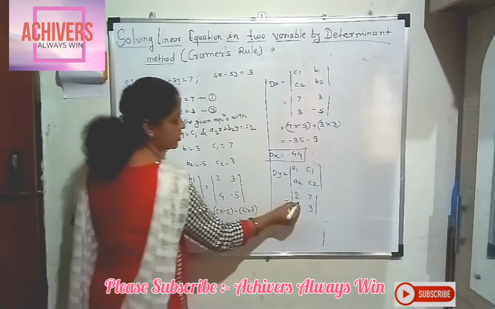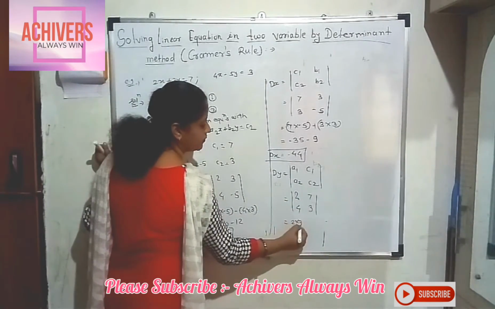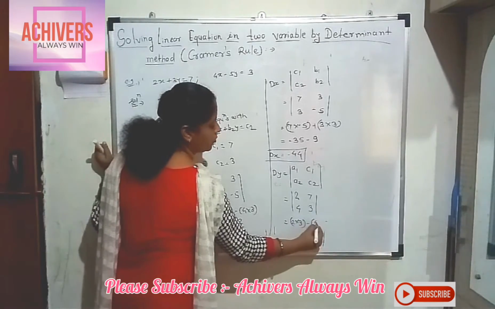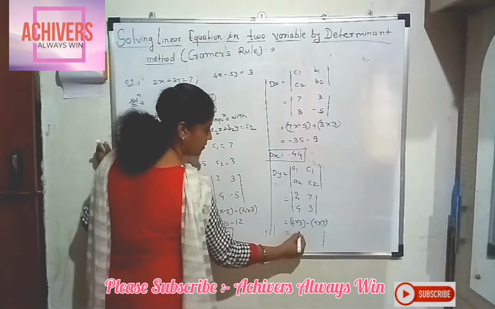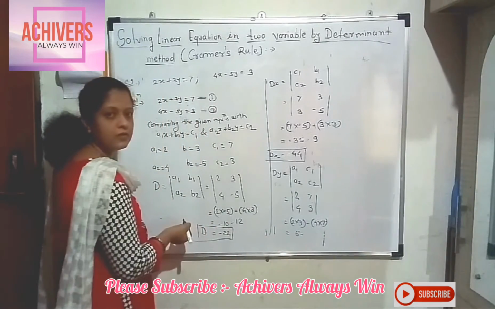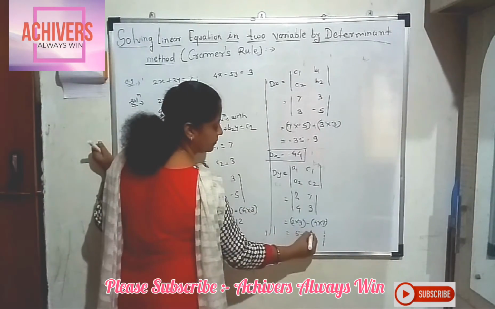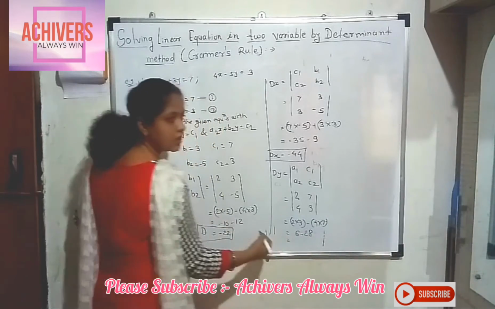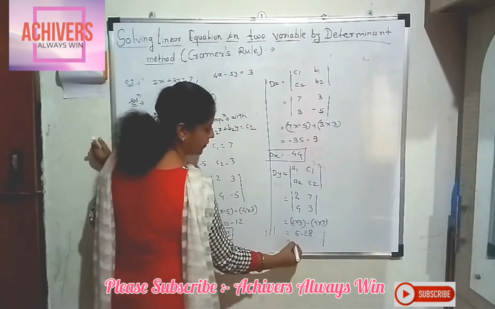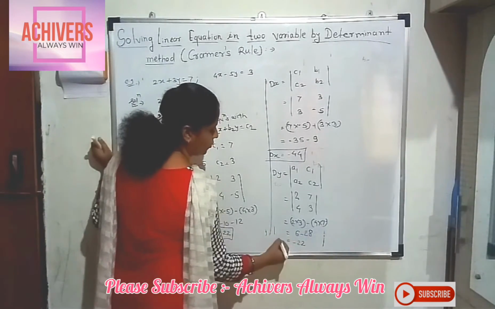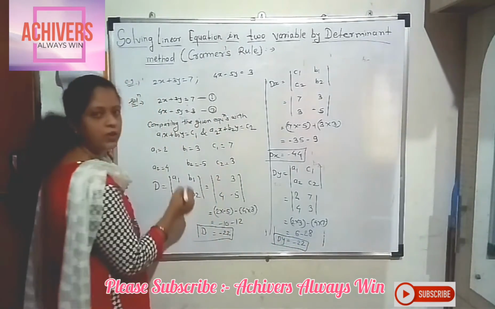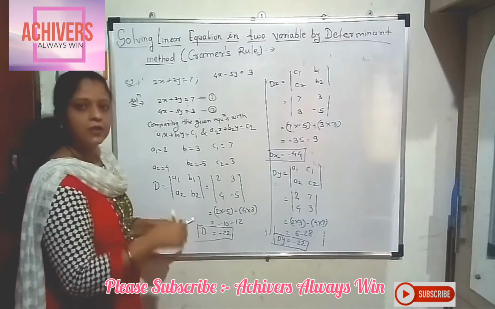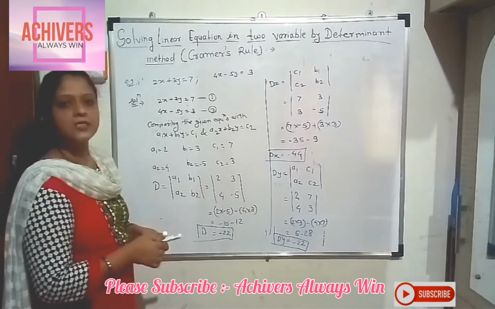Take cross multiplication. 2 multiply 3 minus 4 multiply 7. 2 3s are 6. 7 4s are 28. Then subtraction, 28 minus 6 is 22. Value for dy. We get the values D, dx, dy. Then we find the values for x and y.